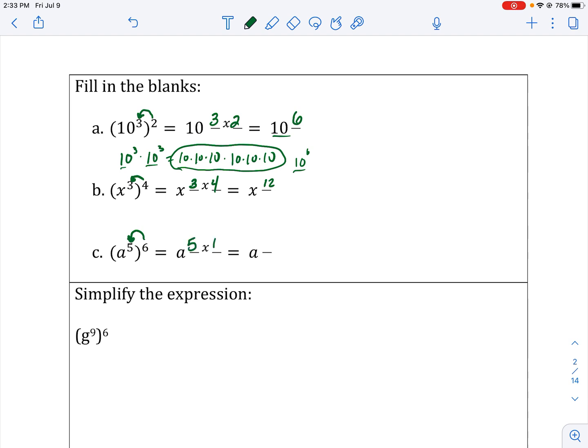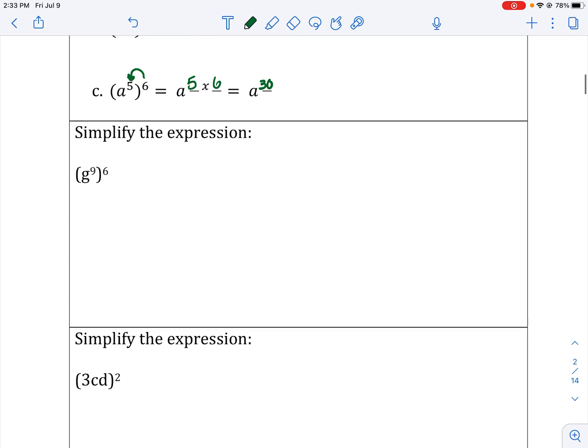Power to a power, we multiply our exponents. So this gives me a to the 30th. Now let's use what we just found out to simplify this expression, power to a power. So we multiply our exponents, which gives us g to the 54th power.